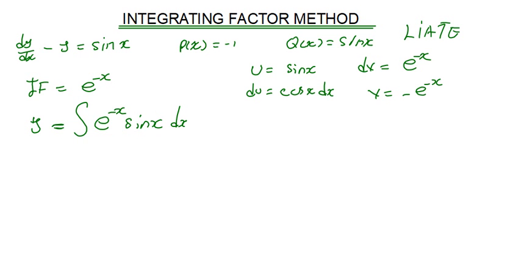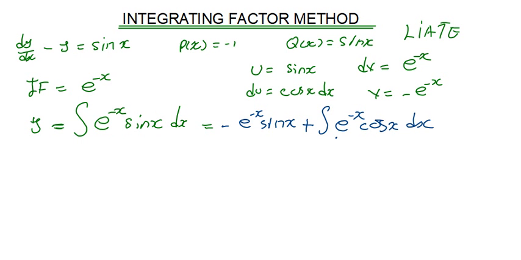So we can now say this is equal to u times v, which gives minus e to the minus x sine x, minus, we're going to say minus v du, but I have a negative here, so multiplying out that negative this is going to be positive. That'll be positive e to the minus x cos x dx.